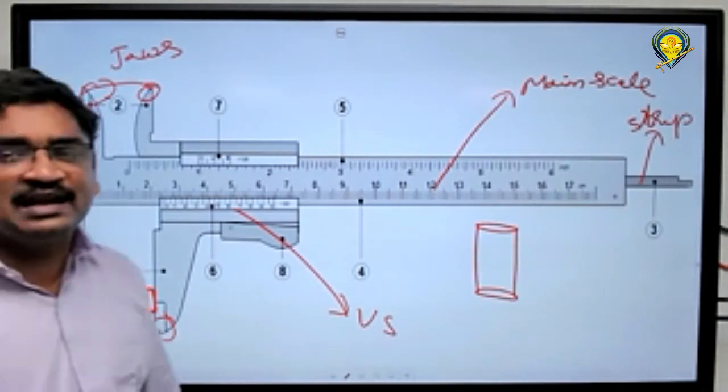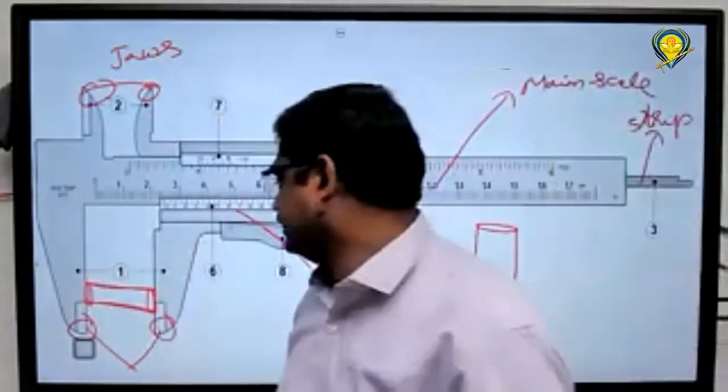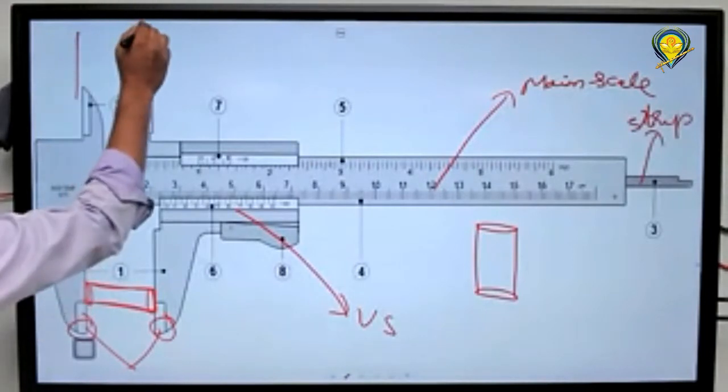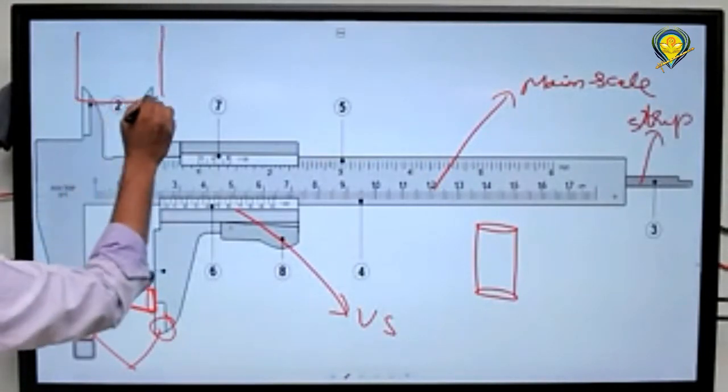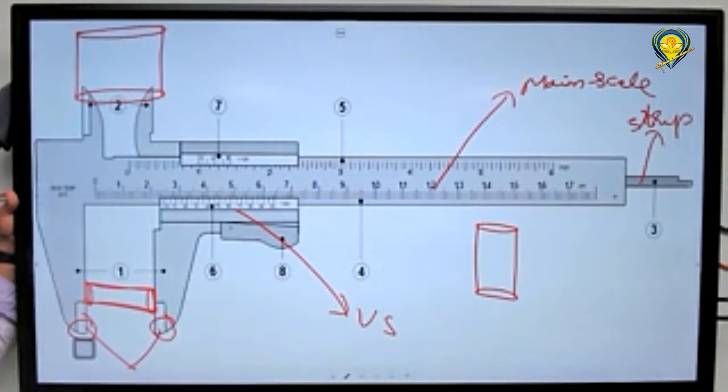Now, to measure internal diameter, where do I need to place? Here we need to place to measure internal diameter. To measure depth, where do we need to place?